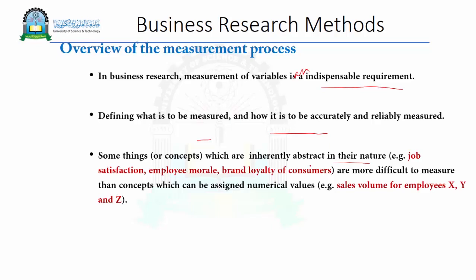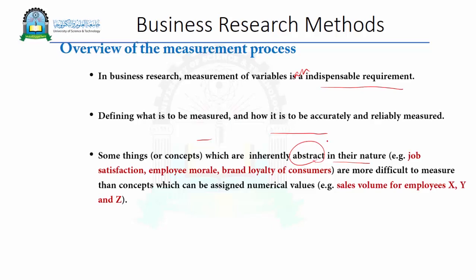So these abstract variables sometimes need to be measured quantitatively. When we measure them quantitatively, we need to measure them through some indicators and through the analysis of this variable, so it can be quantitatively measured.